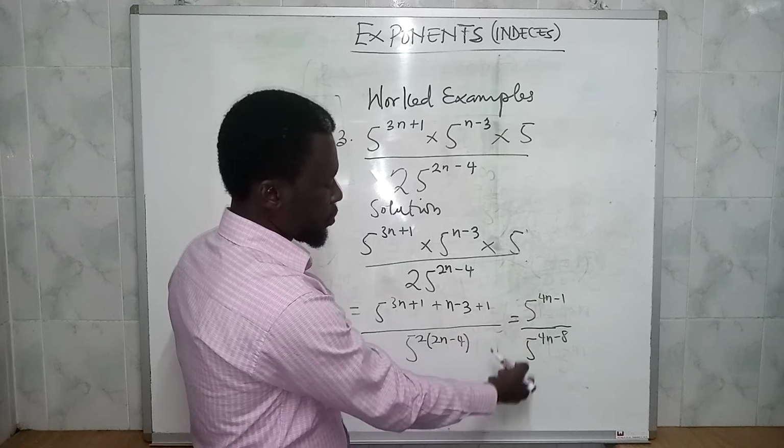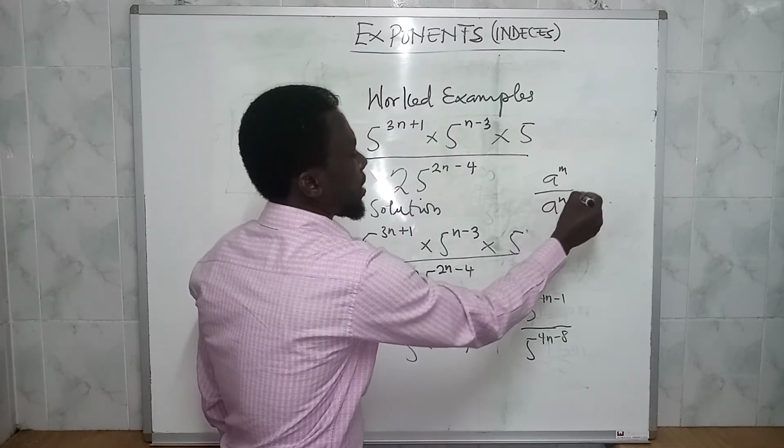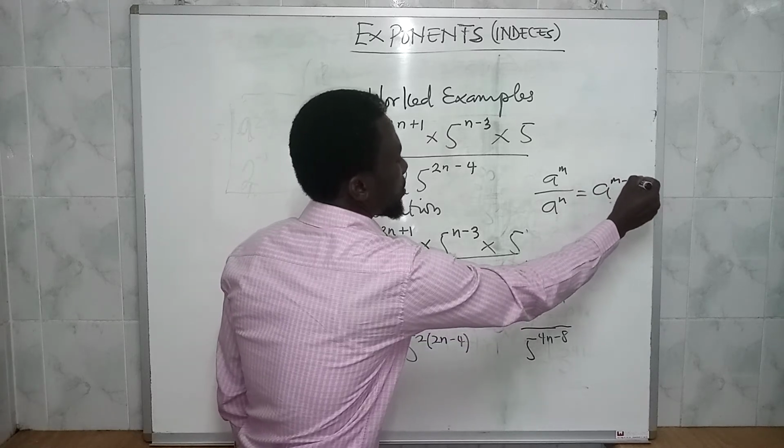So from here, we apply the rule: a raised to the power m over a raised to the power n is equal to a raised to the power m minus n.